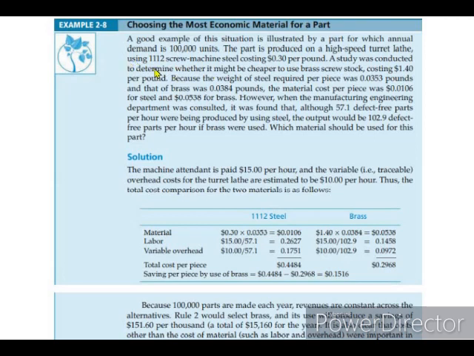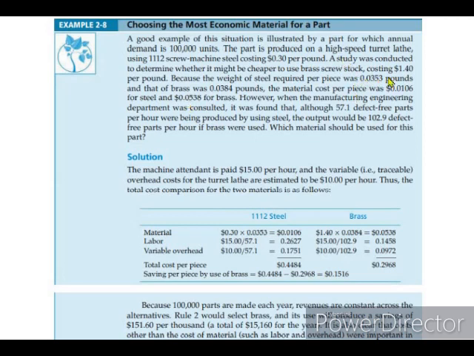So using 1112 screw machine steel costing $0.30 per pound. Okay, so those are the cost of materials when you are using the high-speed Torre lathe. So a study was conducted to determine whether it might be cheaper to use brass screw stock, okay?